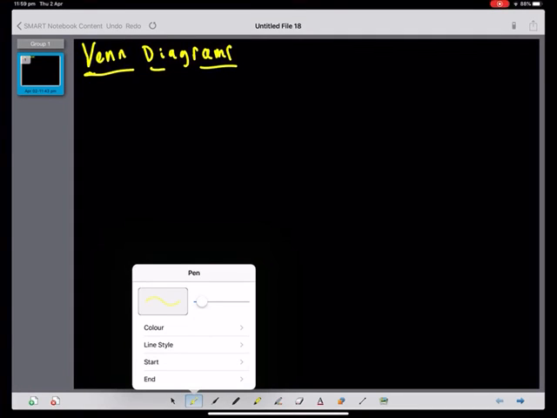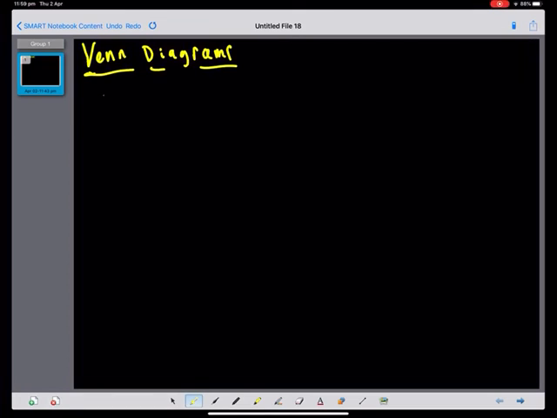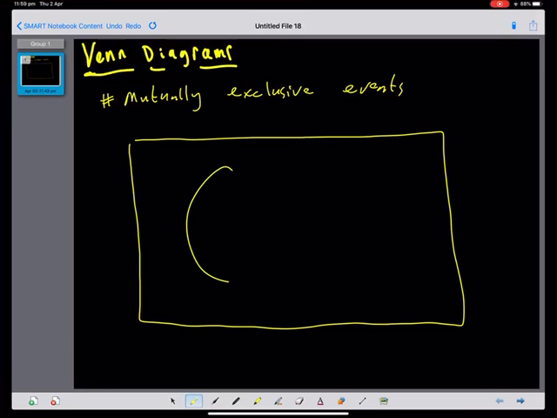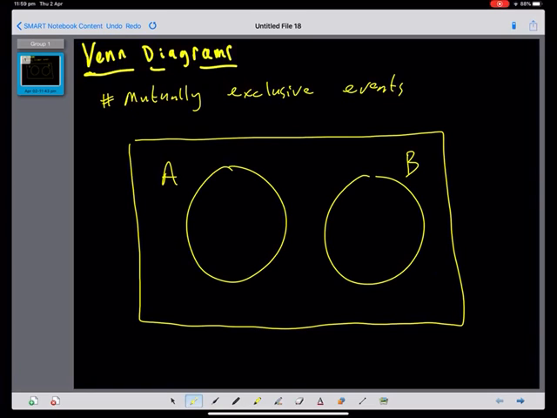Okay, so let's have a look at mutually exclusive events. Okay, so mutually exclusive events are the ones I discussed. They cannot happen at the same time. Okay, so there's no intersection.